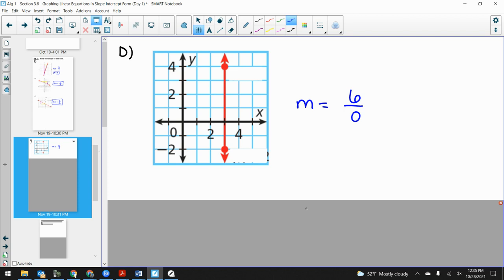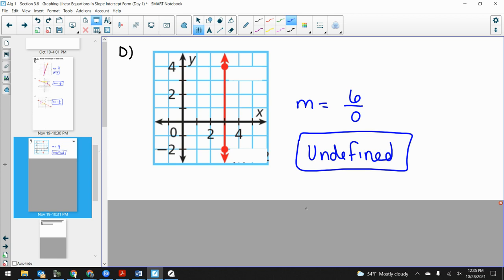Okay. What is 6 divided by 0? Not 0. Not 6. Can't do it. That's another way to say it's undefined. You cannot take a number divided by 0. So therefore the slope is undefined.